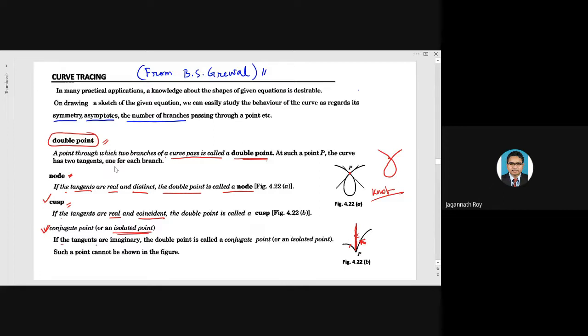If the tangents are imaginary, for example, they do not have real slope values, the double point is called a conjugate point, or it can be called an isolated point. Such a point cannot be shown in this figure. In two-dimensional space, we cannot show it. So this is for mathematical idea.